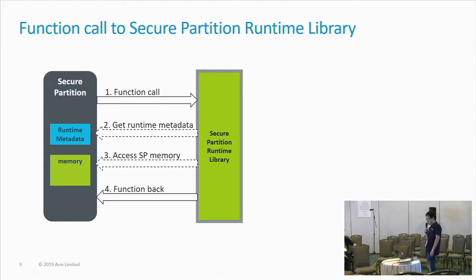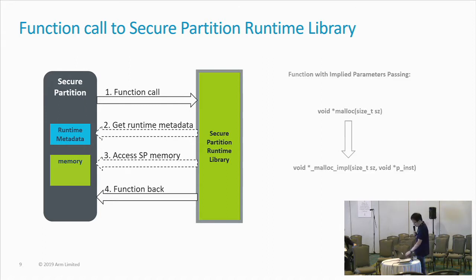After it has processed all the requirements, it will return to the secure partition. In this method, there is an implied passing parameter we need to think about. For example, for the malloc function, we need an implied parameter to pass the heap instance from malloc to its real implementation function. You can refer to the design document for details about it.